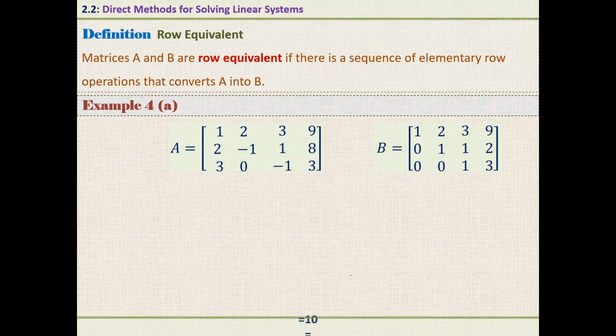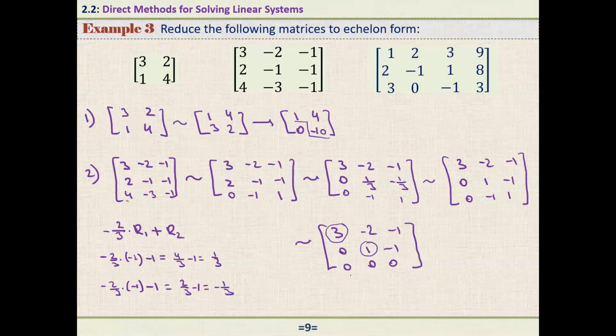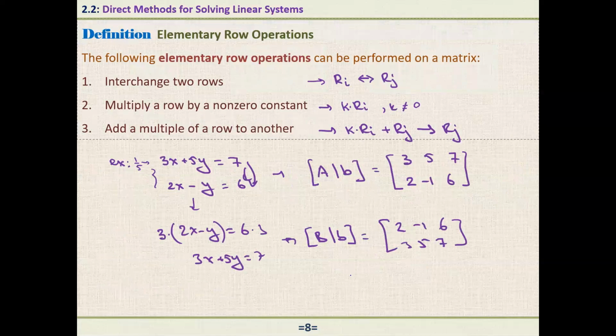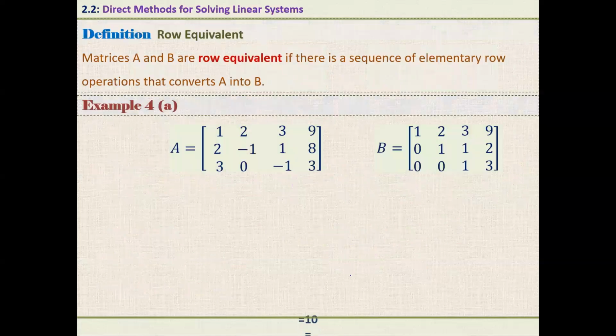So far, you have become familiar with the constant coefficient matrix, augmented matrix, and echelon form. And after that, we just learned elementary row operations. Now we have another keyword here, that is row equivalence.